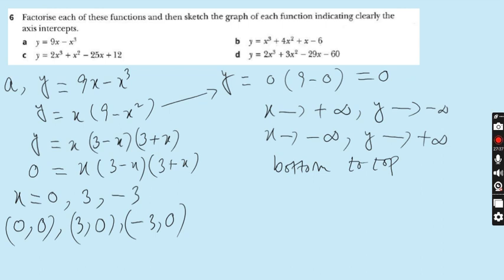What should the sketch look like? X-axis, y-axis, this is the origin, this is (minus 3, 0). You can say this is (3, 0). And now sketch from top to bottom like this. This one. Very easy. Move to the next part.